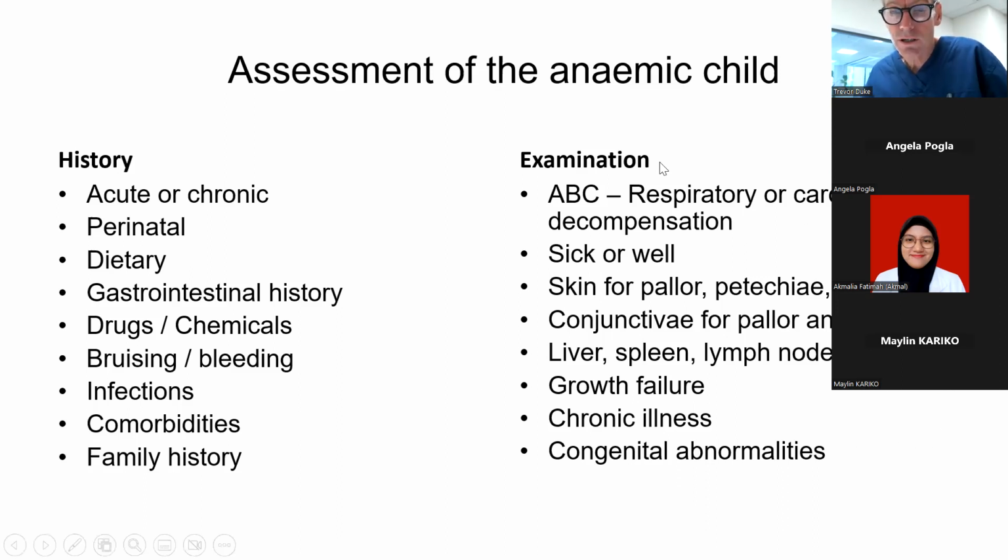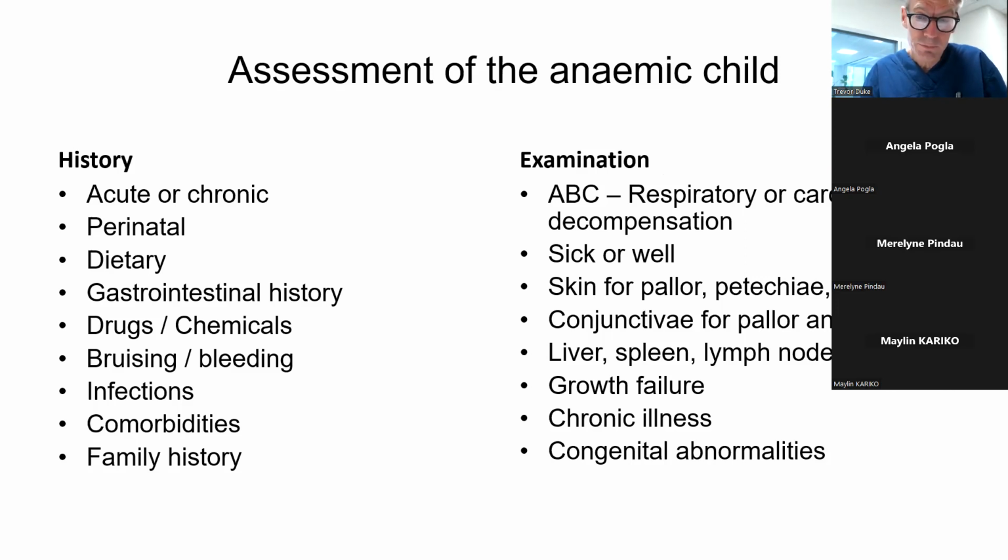When you're examining a child with anemia, then of course, first of all, look for emergency signs, because the signs of respiratory or cardiac decompensation are all emergency signs: severe respiratory distress, cyanosis, hypoxemia, etc. So you need to look for the airway, the breathing, and the circulation.